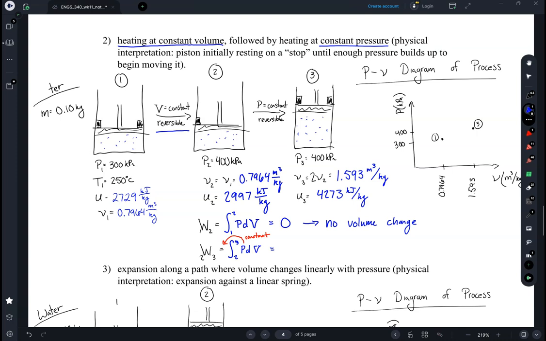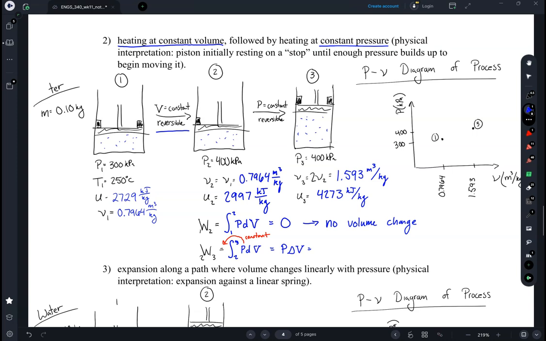So this is simply equal to pressure times delta volume, which is 400 kPa from state 2 to 3.